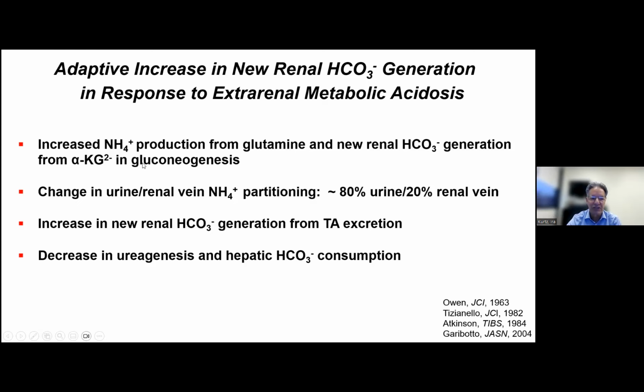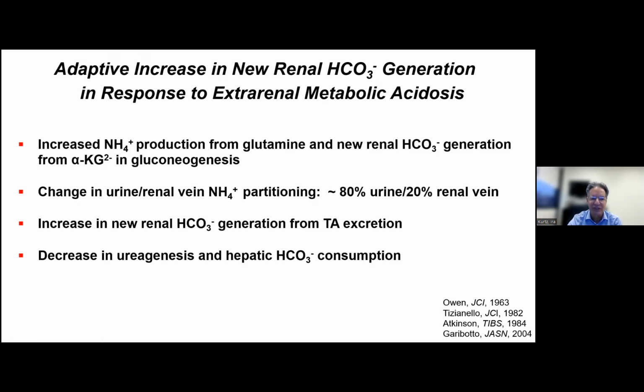There's also a change not only in new bicarbonate production, but in the urine to renal vein ammonia partitioning. I said before, 60% of the ammonia ends up in the urine, freeing that amount of new bicarbonate to match the hepatic proton load.